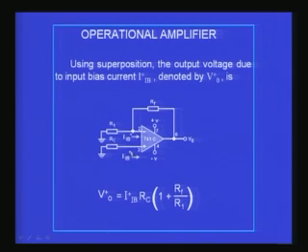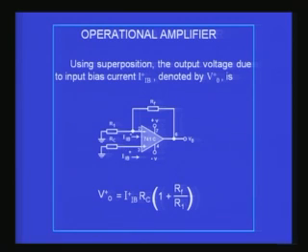Similarly, IIB plus corresponds to the input bias current flowing into the non-inverting terminal, or pin number 3 of the 741. So now what will be the output offset voltage due to these two currents is what I am trying to evaluate. If I apply the simple superposition theorem, initially you assume that there is only one current flowing and find out the output voltage due to that current alone.